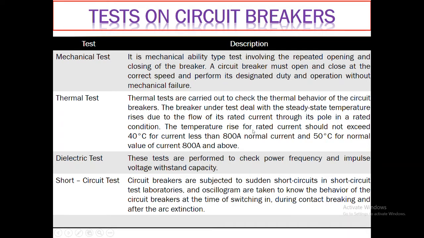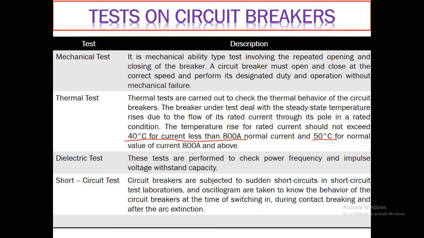The temperature rise expected for the rated current should not exceed 40 degrees Celsius for current less than 800 amperes. If the current is more than 800 amperes, then the expected temperature rise would be 50 degrees Celsius under the normal value of current.